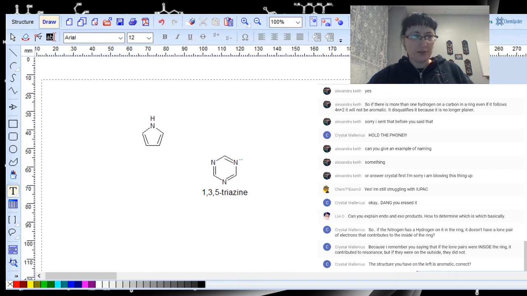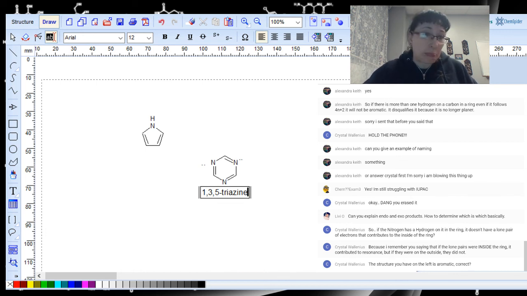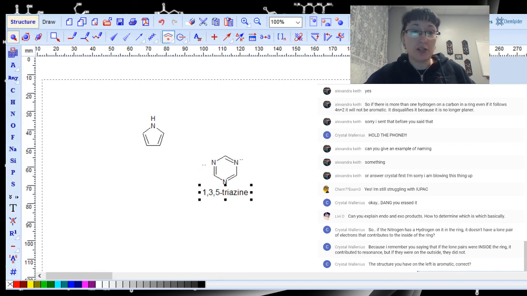Anyway, if I have lone pair electrons on all these nitrogens, they're not actually part of the resonance of the ring because the ring doesn't need them. It already has the double bonds there. So if you already have something in the ring giving it the aromatic character, you don't need the lone pair electrons, and you can think of those as being in the hybridized orbitals that are pointing outwards from the plane of the sp2 hybridized atoms.